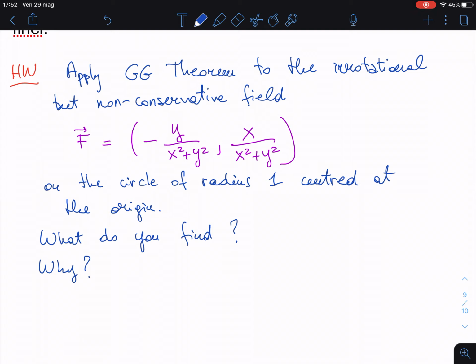It is very conceptual and very deep. So good work, and see this video several times if you need. Don't be ashamed of that, because it is normal. It is a part which is not very standard. It is not just like computing integrals. It is like understanding something which is absolutely non-trivial. Okay? Good work.